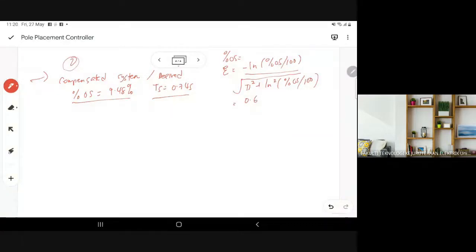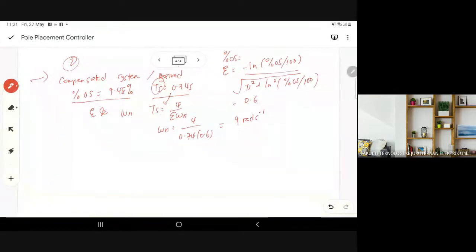And then after that, in order to get the omega n, or natural frequency, because our target is to find the damping ratio and natural frequency, the omega n based on the settling time Ts equal to 4 over zeta omega n. This is the formula that you must know. Then your omega n equals 4 divided by 0.74 multiplied by 0.6. Finally, your omega n is 9 radians per second.